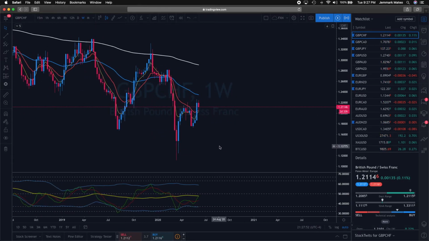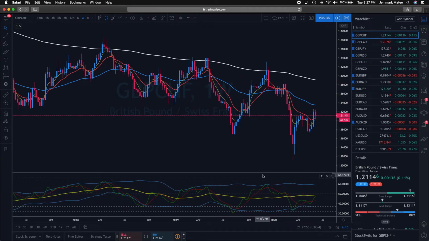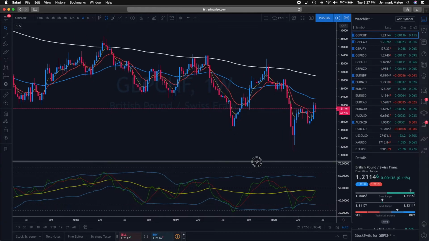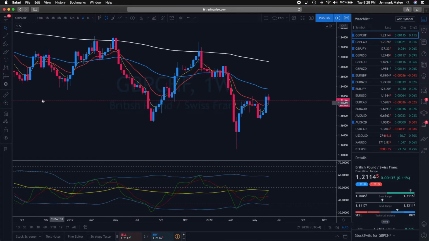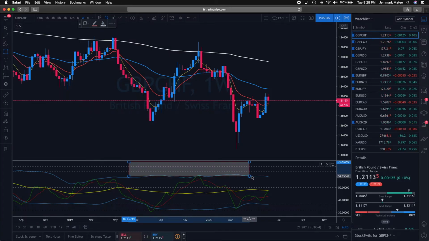The first criteria that we want to search for is that we need the TDI to be at the very highs or lows. So meaning we need to find the TDI when it's around this area here, when it's around this area, and then when it's around this area here.